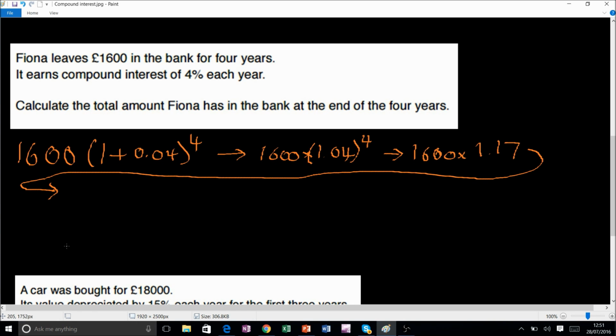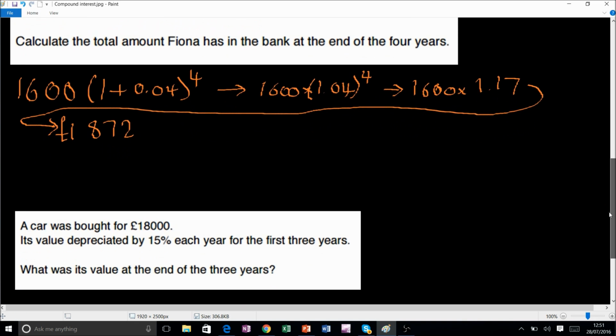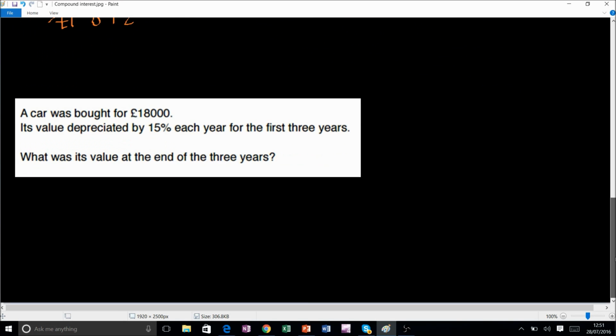Now we're going to do that on our calculators: 1.17 times 1,600, and that should give us £1,872. Okay, lovely. So that's how much Fiona will have in the bank at the end of 4 years. It will be £1,872. Seems quite nice.